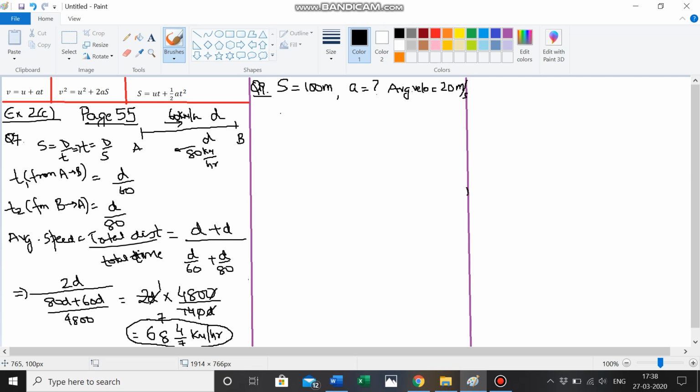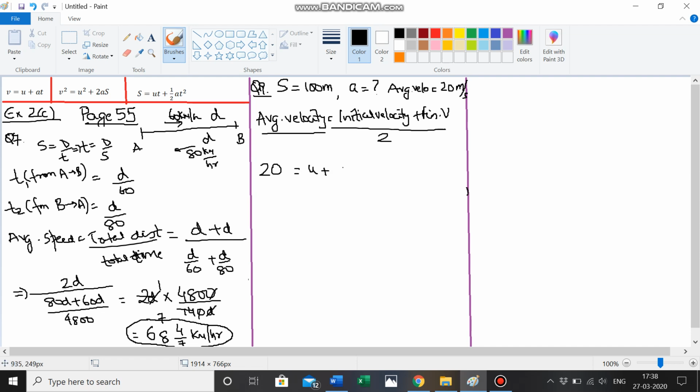Find the initial velocity. Well, we know average velocity is equal to initial velocity plus final velocity upon 2. In this case, average velocity is given to be 20. Initial velocity is not given, so let that be u.